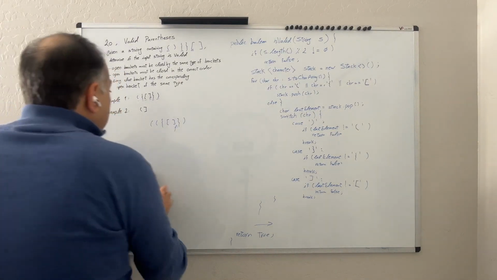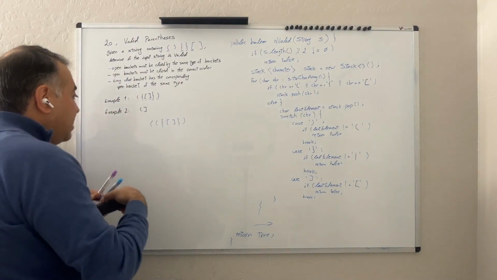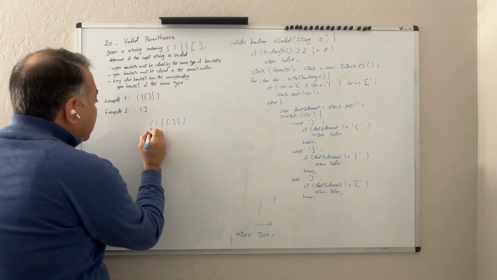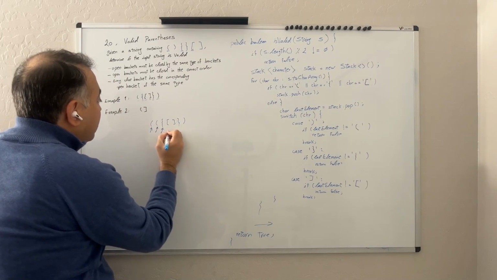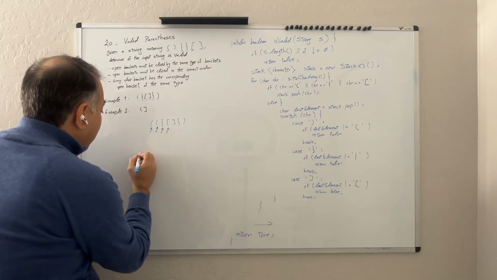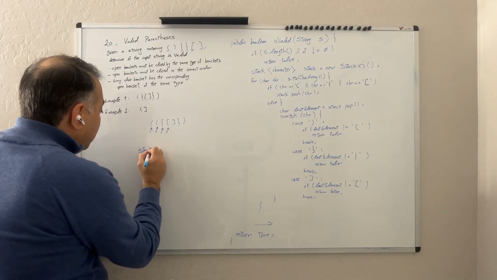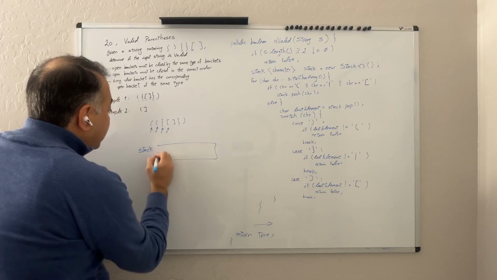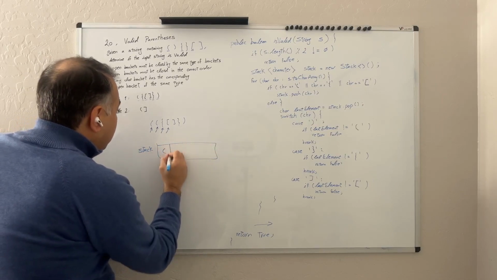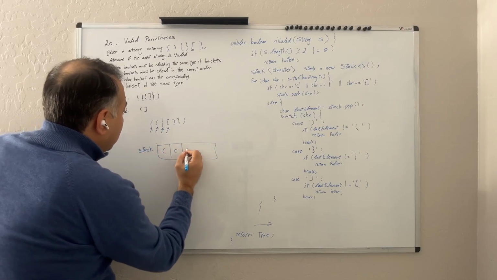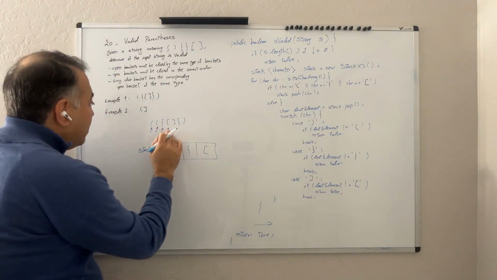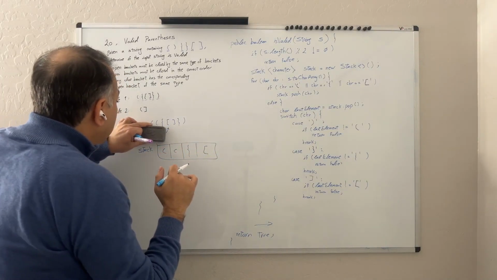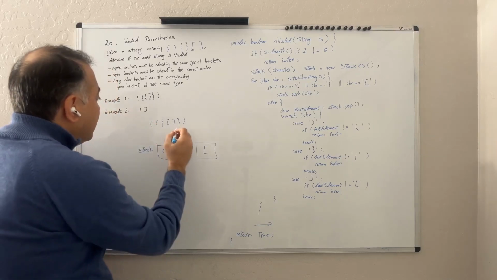When I start checking it, I put this in the stack, then this one, then this one, and this one. So my stack looks like this: open parenthesis, open brace, then this one.